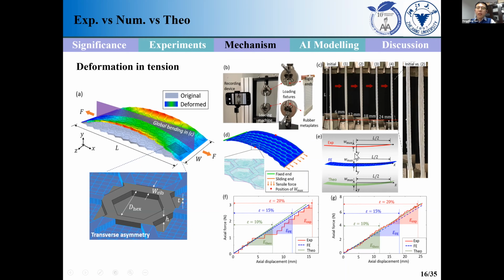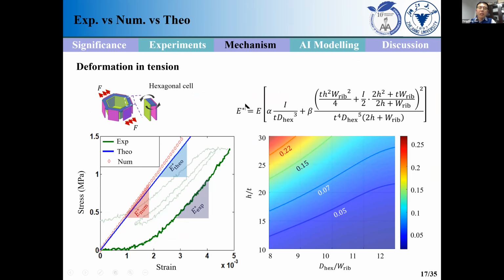And here is the comparison between theoretical, experimental, and numerical predictions. So we see pretty good agreements between them. And this is the enhanced Young's modulus in tension due to the corrugation. And we also compare the stress-strain relations between the theoretical, numerical, and experimental.